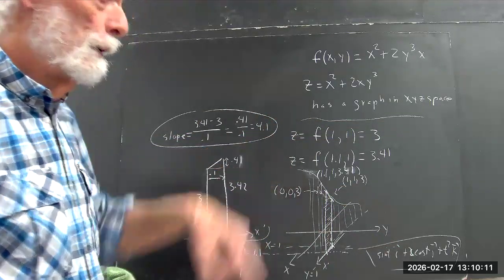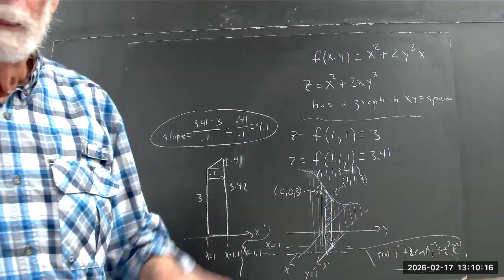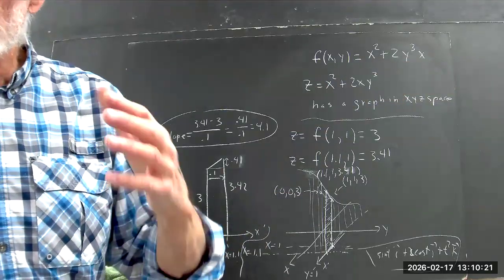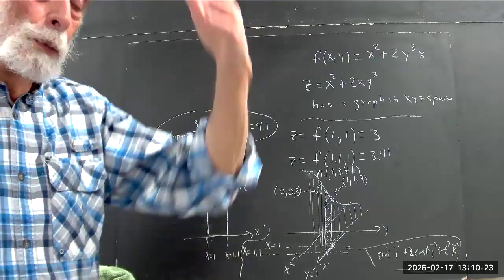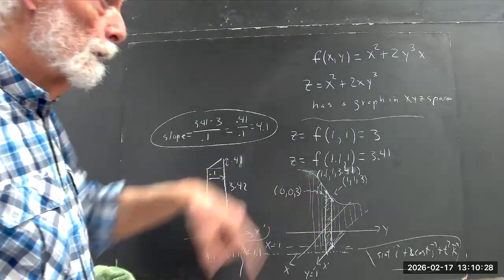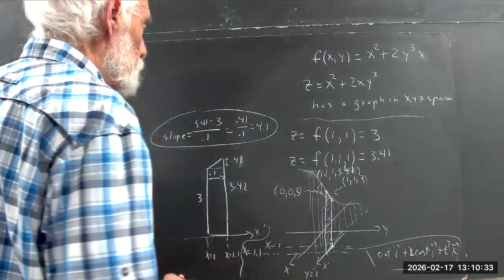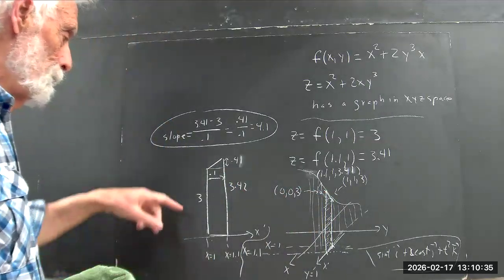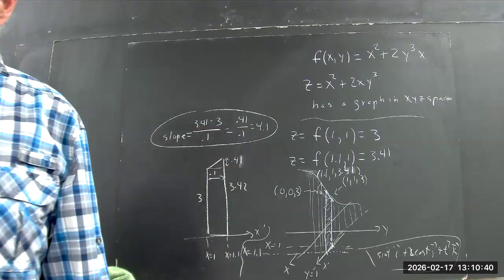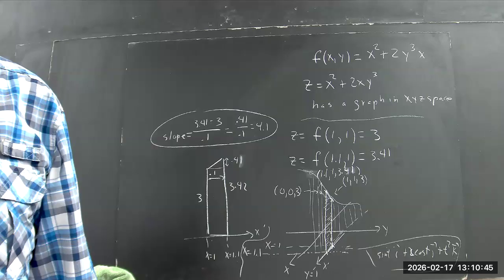It's a one-dimensional curve. And your three-dimensional surface is a two-dimensional object in three-dimensional space. We slice it with a plane and we get a one-dimensional object, which is a curve. Okay. The slope of that curve in the vicinity of x equals 1 is close to 4.1. Okay. Let's find the actual slope.